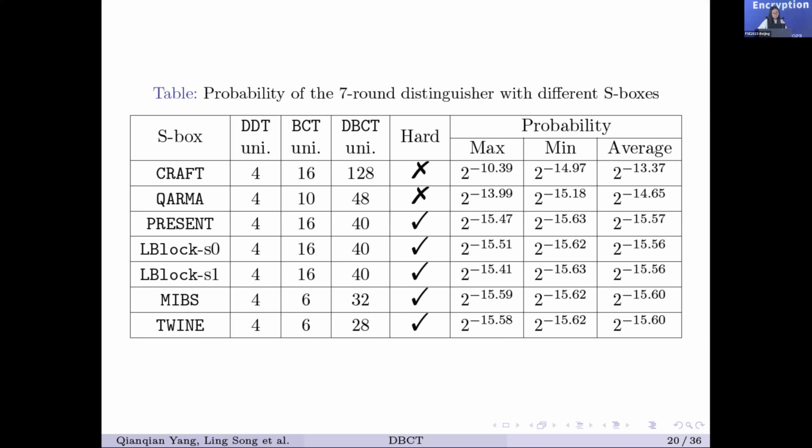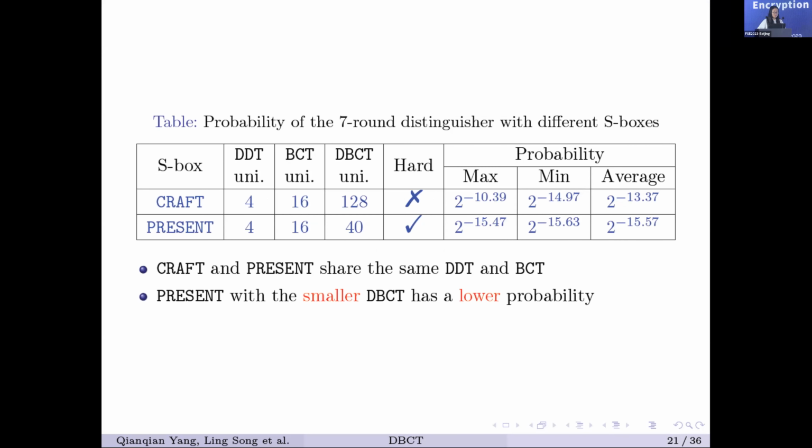This table shows the property of the distinguisher with the different S boxes. From the table, we can find that CRAFT and PRESENT share the same DDT and BCT, but PRESENT has a better DBCT than CRAFT, and the S box of PRESENT is an involution.